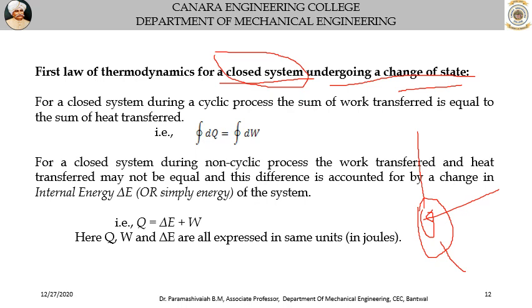Then another system is one in which there is no mass transfer, only energy transfer takes place. If you consider, for example, a cooker, and you are heating it by placing it over the stove, then whatever content is inside the cooker remains the same.